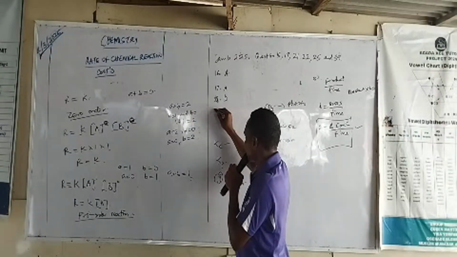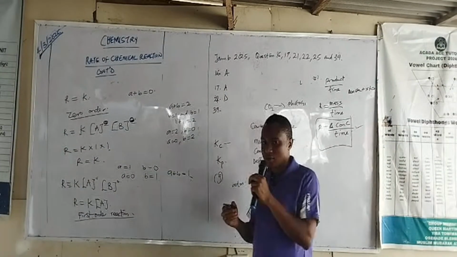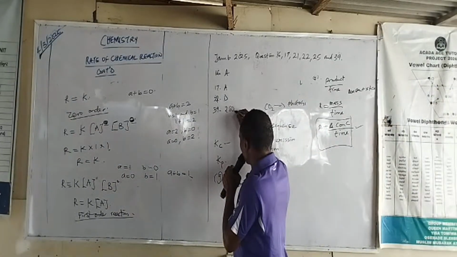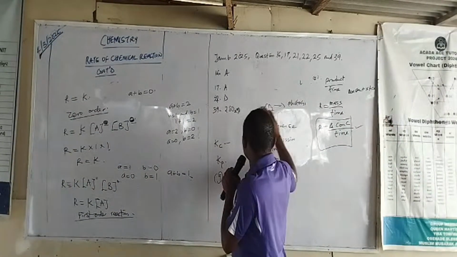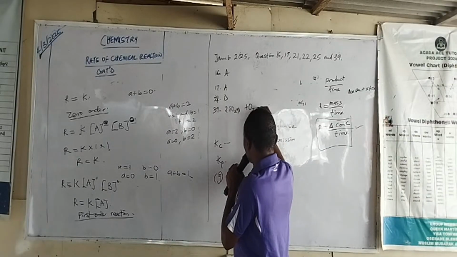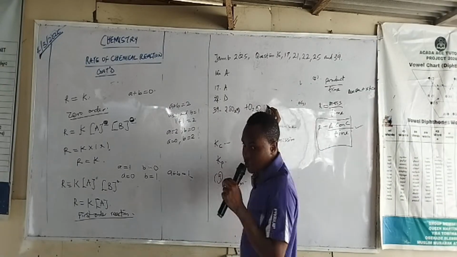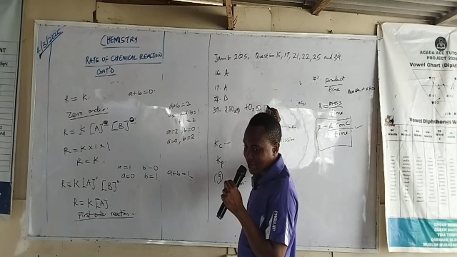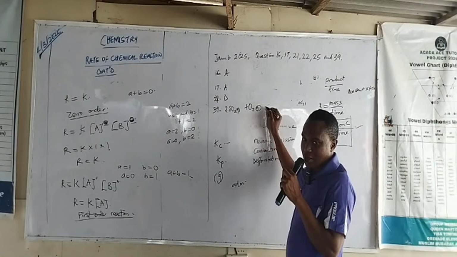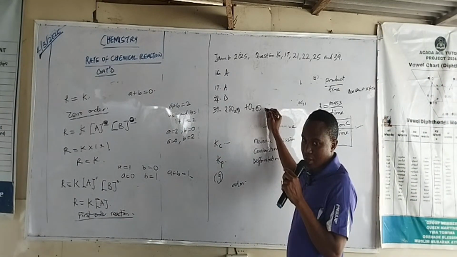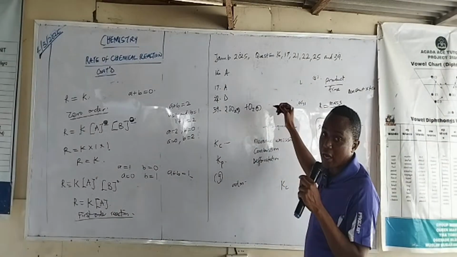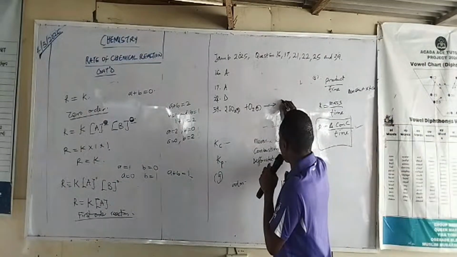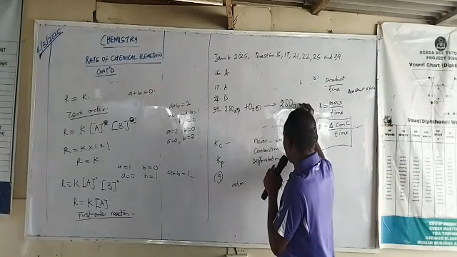39. 2 SO2 gas plus O2 gas gives 2 SO3 gas.